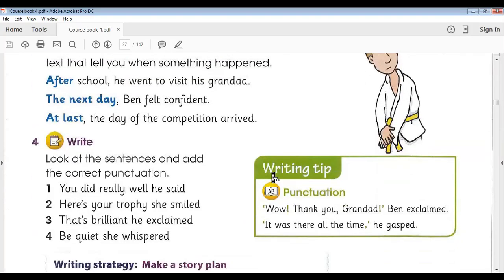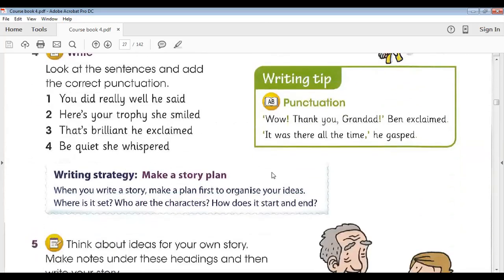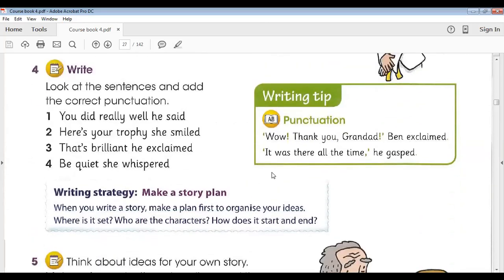After that, we discussed question number 4, make a story. I asked the students to follow these instructions, and then they can write their own short story on any favorite topic. Look at these sentences and add the correct punctuation. So you did really well, he said.